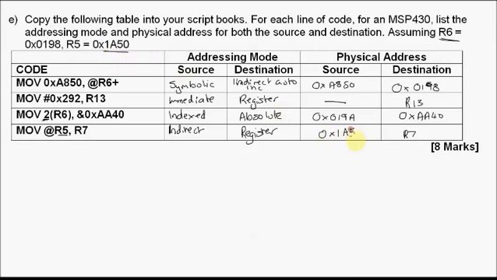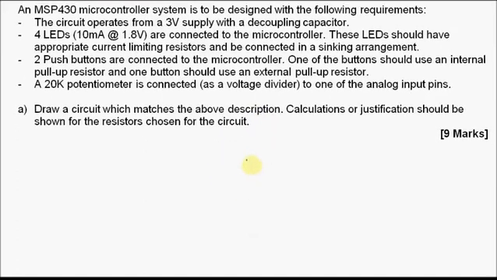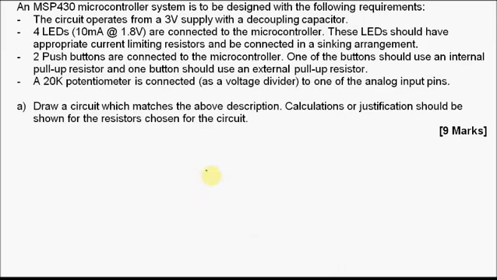Okay, on to question 2 now. Here we're designing a microcontroller system and we're told all the things that need to be connected to it. First thing we need to do is draw our circuit. So the system should have a microcontroller that sits in the middle of it.